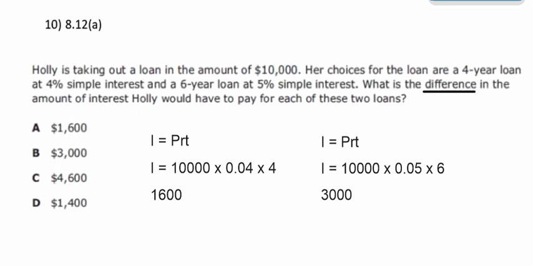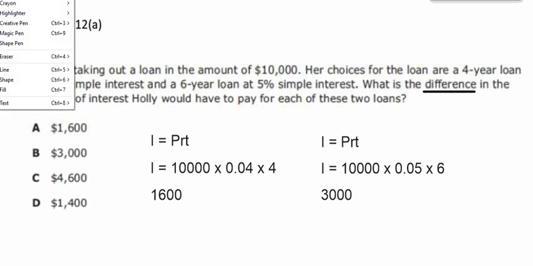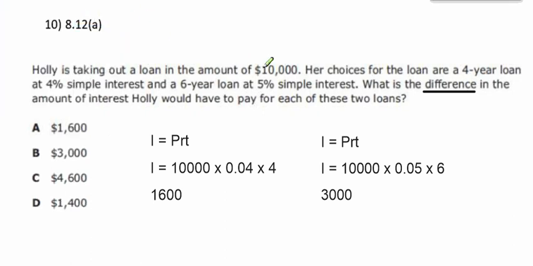All right, question number 10. Holly has a choice here with her loan of $10,000. She can either take a 4-year loan at 4% simple interest, or she can take a 6-year loan at 5% interest. So it should be a pretty easy choice for Holly.